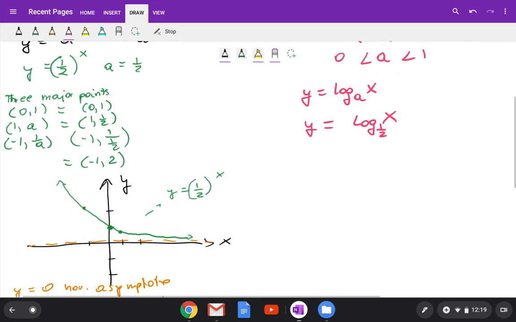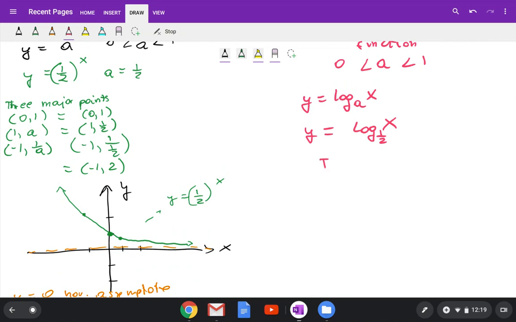To graph this logarithmic function you use 3 major points. Please memorize the 3 major points for exponential and just switch them for the logarithmic function. So 0, 1 will become 1, 0. 1, a will become a, 1. And negative 1, 1 over a will become 1 over a, negative 1.